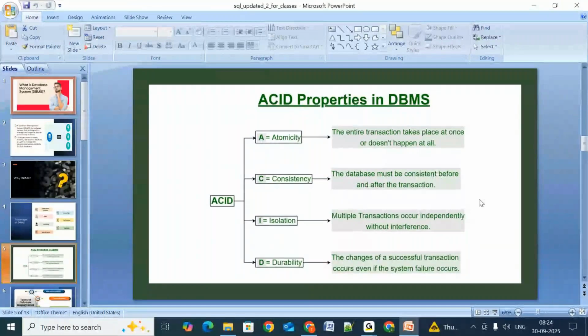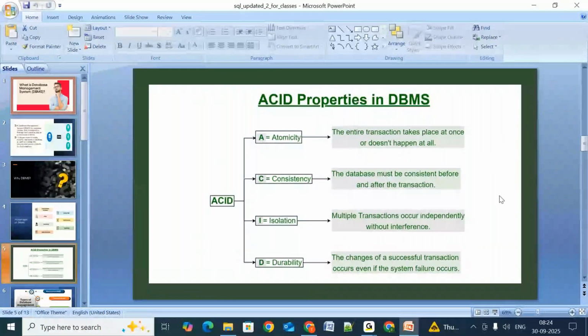You are not using this anywhere. Conceptually, you're not writing code to implement this, not writing lengthy lines of anything. Your DBMS will do this for you. But what you have to do is make sure whether your database is following this or not.